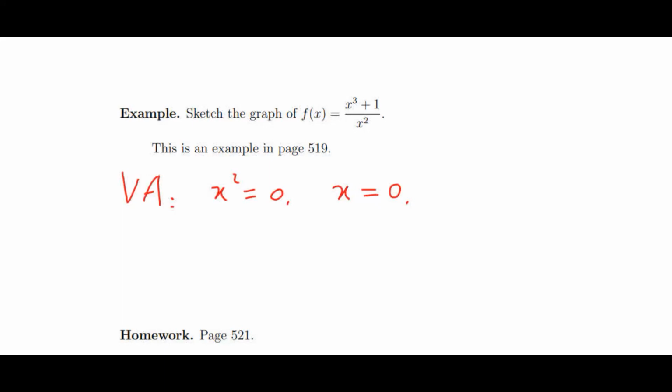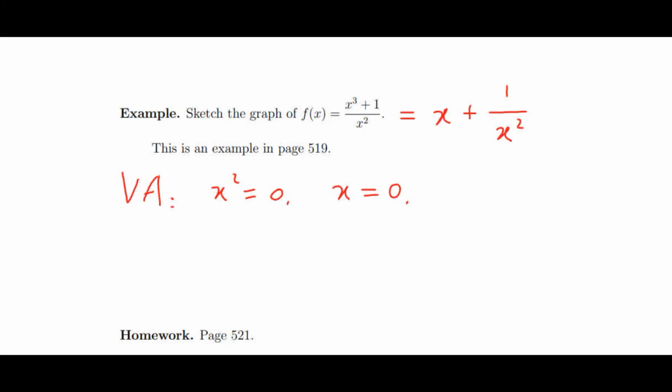For long division, it's usually quite more complicated, but for this example the division is easy. We just take x cubed over x squared, which equals x, and then we can split it easily.